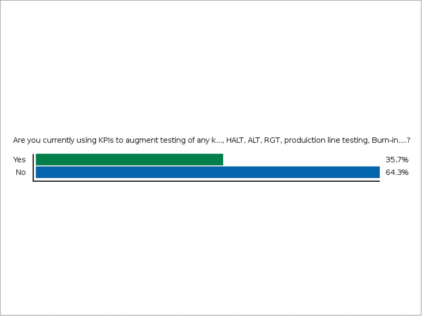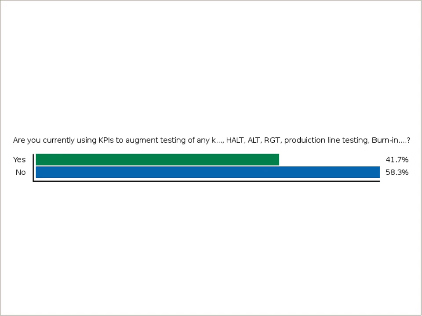Not just in HASS, but in anything you're doing as part of functional test. Are you looking at some performance indicator, not necessarily a hard failure, but an indicator that something's starting to flake out as part of burn-in or run-in or any other testing that you're doing as part of your production line testing?